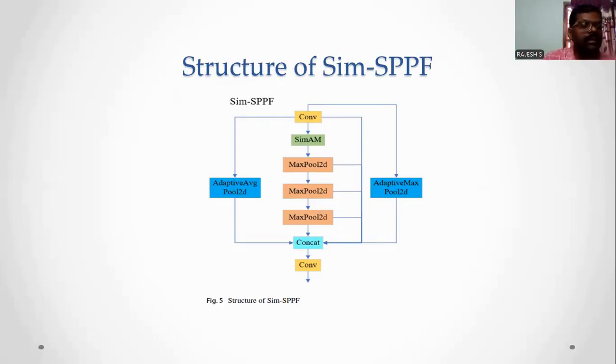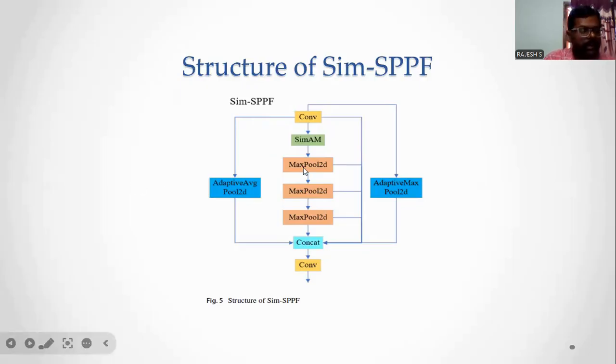Now coming to the orange boxes, the max pool 2D. This max pool 2D looks at a small block of the image, like 2x2, which is 4 pixels at a time, or 3x3, which is 9 pixels at a time, and picks the largest value, the most important part of the image. It is used to reduce the size of the image, keep the important information, and make the module faster.